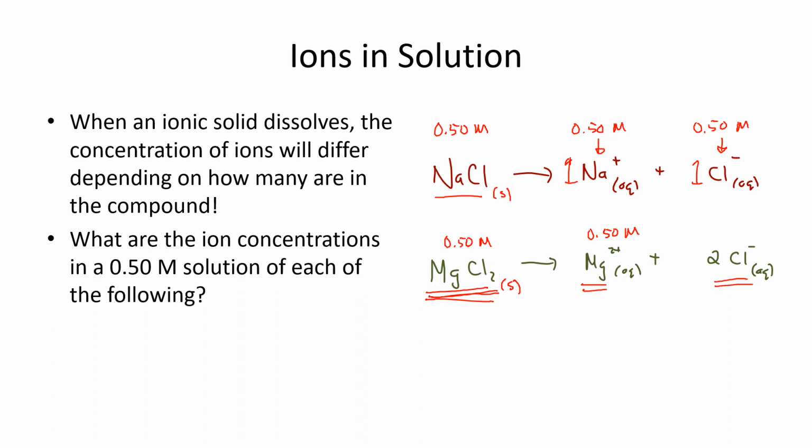But because you get 2 chlorides for every one of these magnesium chlorides that dissolve, the concentration of chloride will be 1 mole per liter, because you're going to have to multiply it by 2. So keep an eye out for that when you're looking at the concentration of ions. Make sure you look at the formula and see what happens to them when they dissociate.